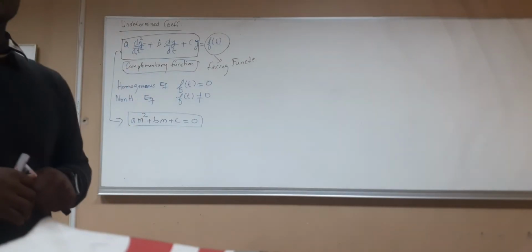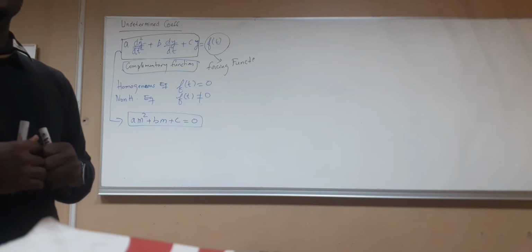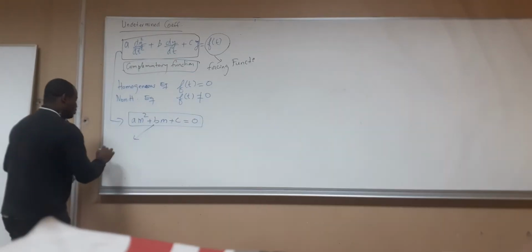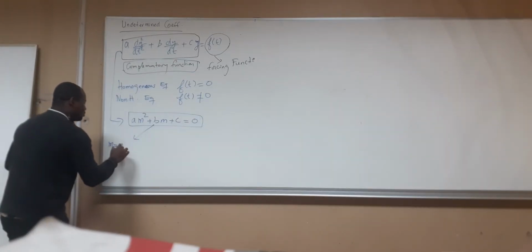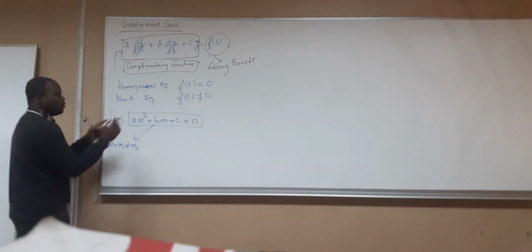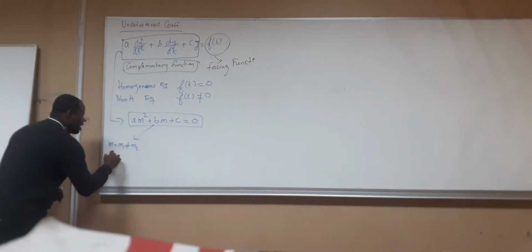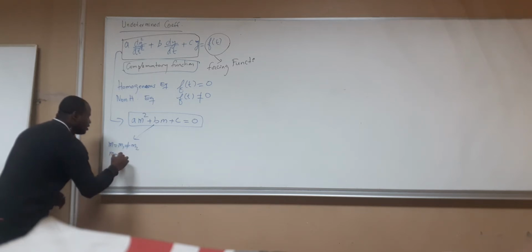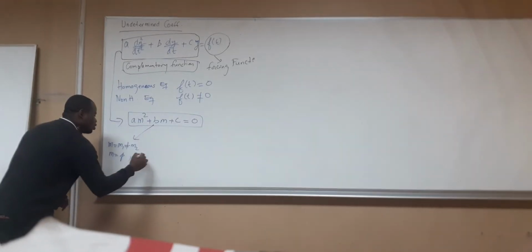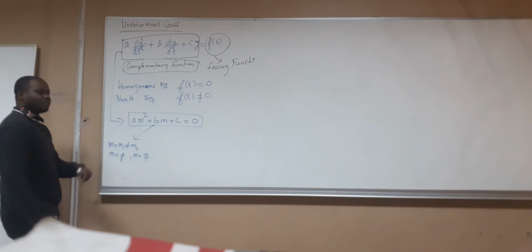When you are solving your characteristic equation, you end up having 3 different cases. The first case is when we have distinct roots, or different roots, m1 different from m2. In this case, for example, you find m equal to p, and then m equal to q.